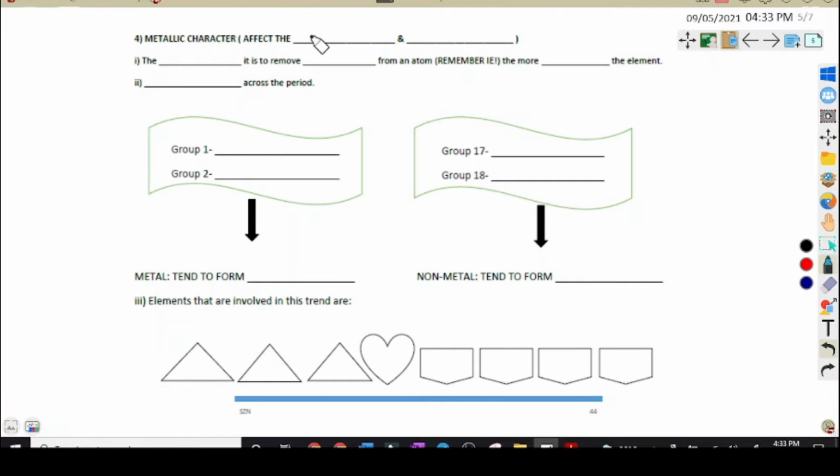The metallic character will affect the melting point and boiling point of an element. So how are we going to recognize whether the element has a metallic character or not? The easier it is to remove an electron from an atom, the more metallic the element.